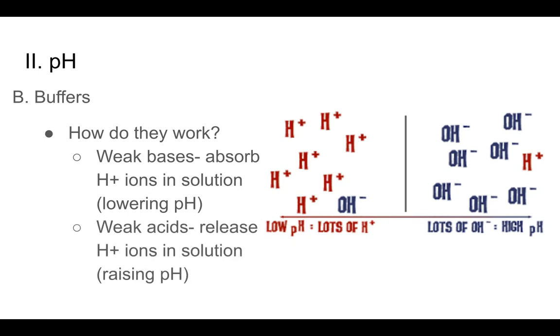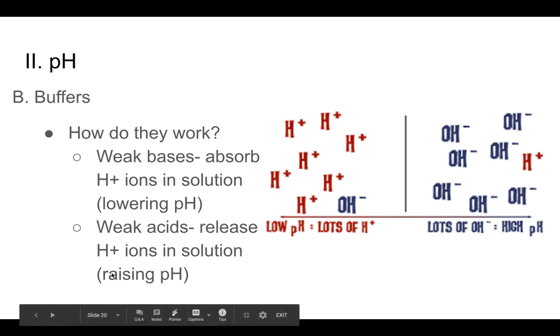Same thing here. Weak acids would be added to a solution like this that's pretty basic. And weak acids will dump into the solution. They will release their hydrogen ions into the solution. They have hydrogen ions because remember, they're acids. And those hydrogen ions will bond to these OHs. They will form water, and that will drive the solution towards neutral.